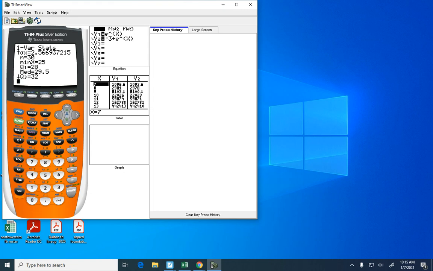If we take a look at my y equals, I hit my y equals button. Well, I got two equations there right now. I'm going to clear them out.